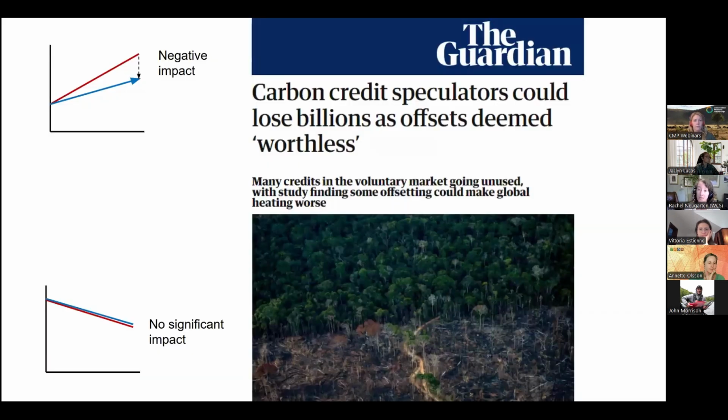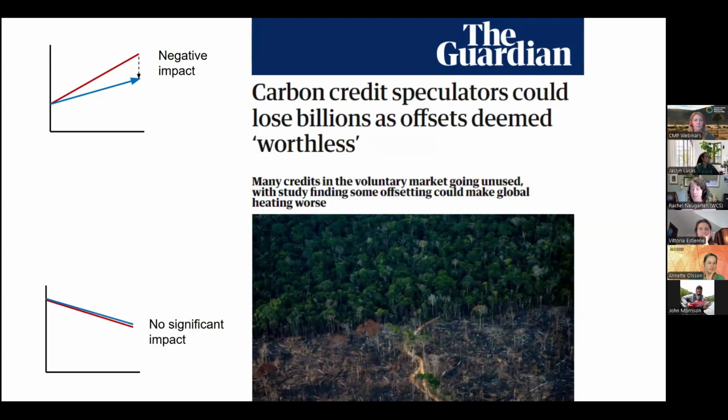Okay, so why is all this important? Some of you may be familiar with this case study from a couple of years ago. It got a lot of press. It was a case in which a number of forest-based carbon offset projects were shown to really have no statistically significant effect once the researchers controlled for other things going on. For example, there were some projects in Brazil where overall deforestation in Brazil declined during a certain period because of government forestry regulations and because of a change in commodity prices.